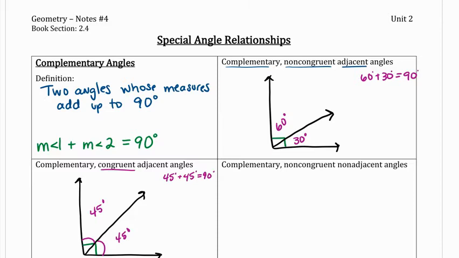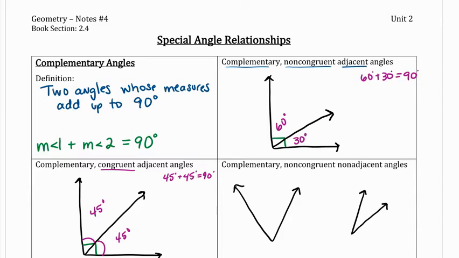All right, and then our last set here, complementary, non-congruent, this time non-adjacent angles. So for angles to be complementary, they do not have to be right next to each other like these two pictures that we've drawn. I can have angles in two completely different pictures that are complementary. So say I've got an angle over here, and then maybe I've got another angle in a picture over here.